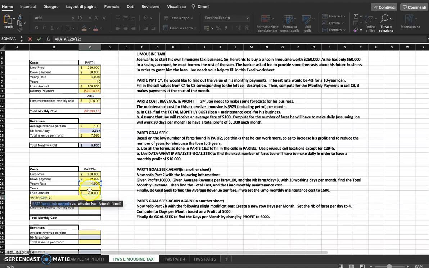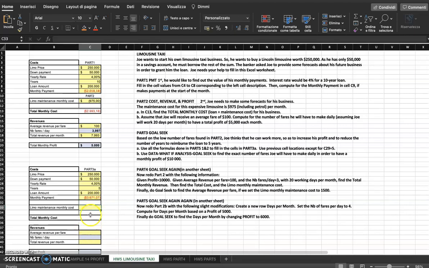Cell 29, the years, this time times 12 again, with the loan amount, and with 0 and 1, the end and the beginning of the period. Okay, again it's a negative number, of course, because it's monthly, it's something that you pay, something that is taken out of your wallet.